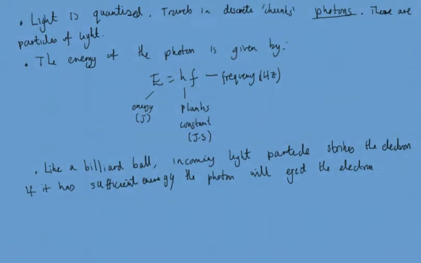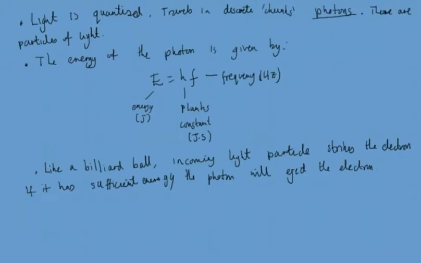Now we can apply energy conservation to the photoelectric effect. So we know that E equals hf. So hf is equal to hf0, where f0 is the threshold frequency, plus the kinetic energy. What does this mean?